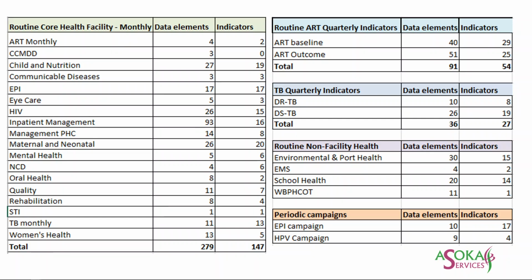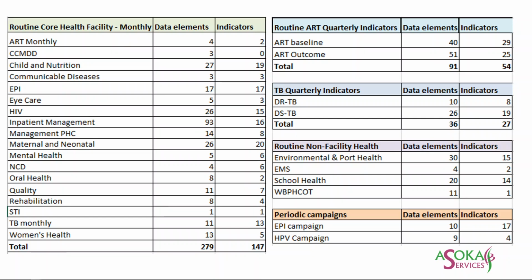Under those groups, there are a number of data elements or data sets. The ART monthly, which is the first one, has 4 data elements. Out of those data elements, we are able to calculate 2 indicators. If you look at the bottom, the women's health has 13 data elements. Out of those, we are able to calculate 5 indicators.